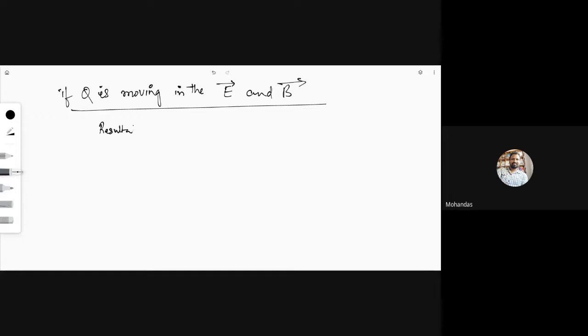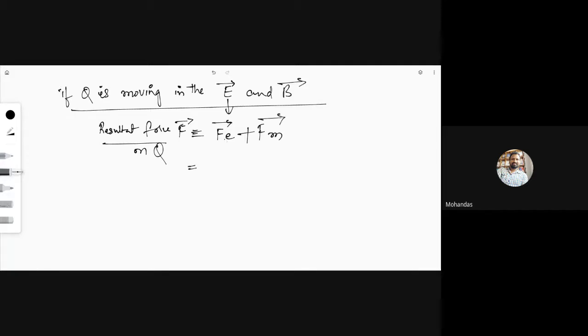The resultant force F equals, can anybody guess? What is the resultant force on Q? Equal to Fe plus Fm. Very good. Force due to electric field plus force due to magnetic field.